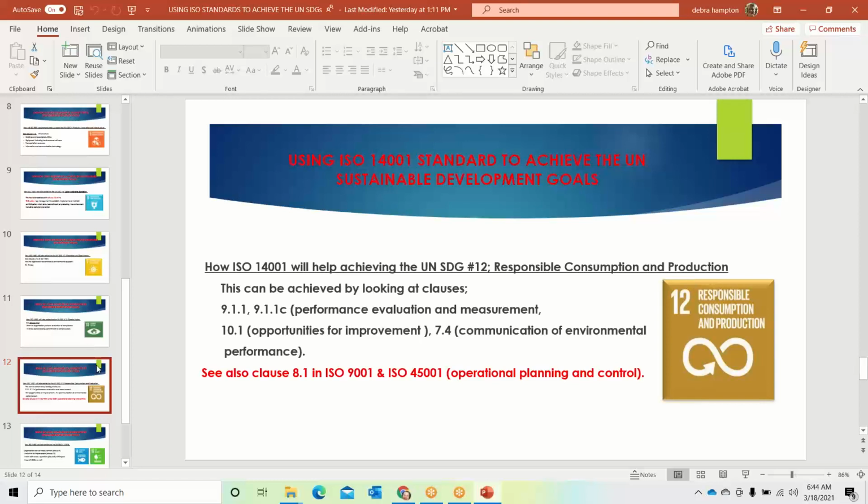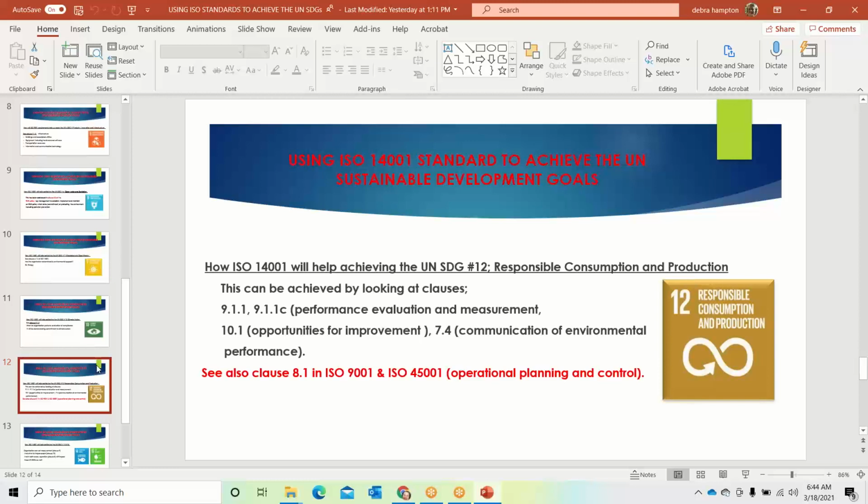Okay, so we can look at clause 9.1.1 and 9.1.1c and clause 10.1, clause 7.4, and also look at the clauses provided in the quality management system.